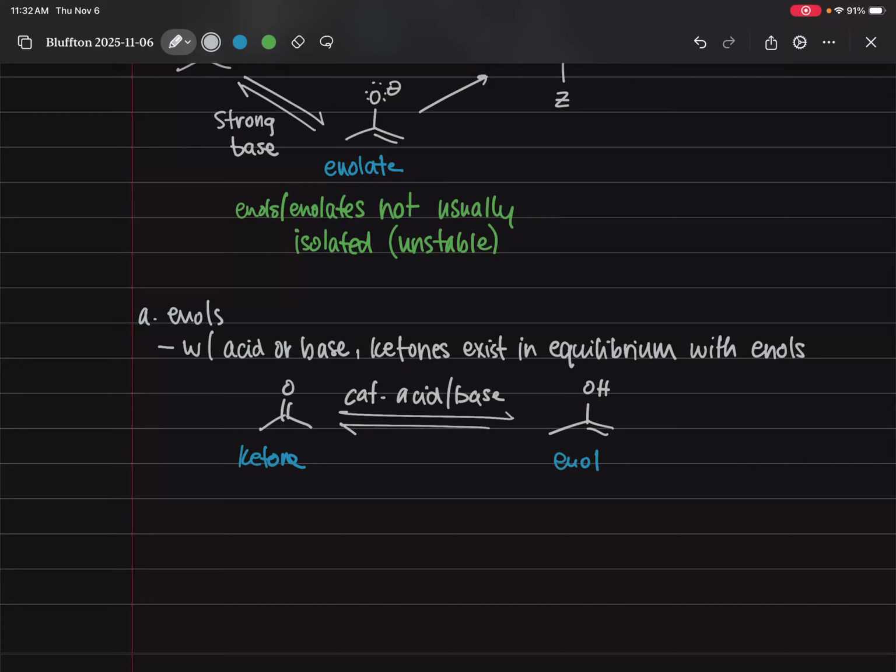And so if you have any sort of different arrangement of atoms, you cannot have resonance structures. So we call these tautomers. And the process of going back and forth between the two is called tautomerization. It is kind of a funny word.